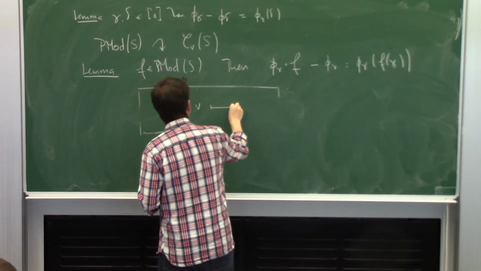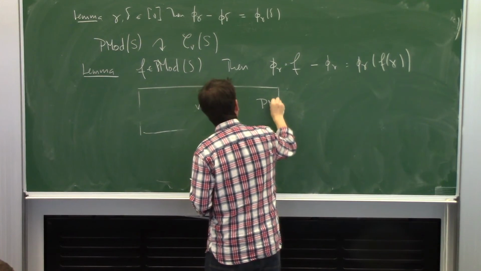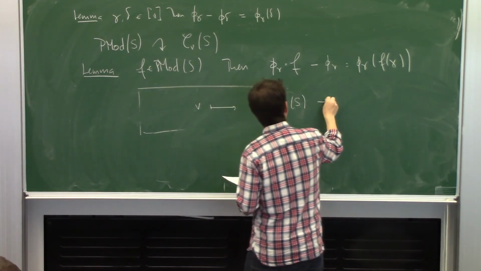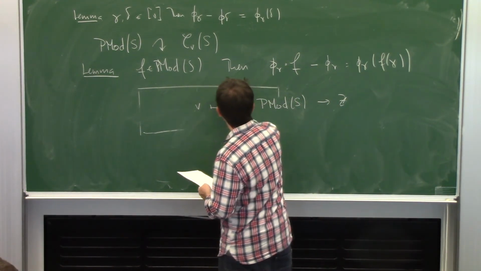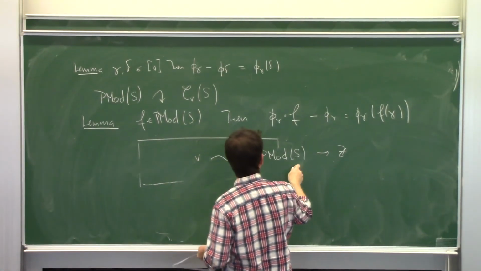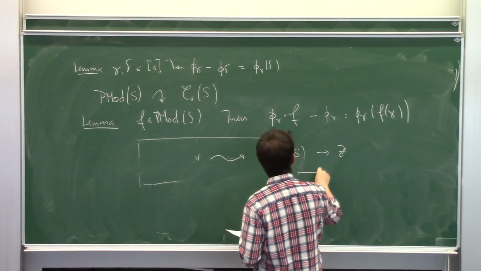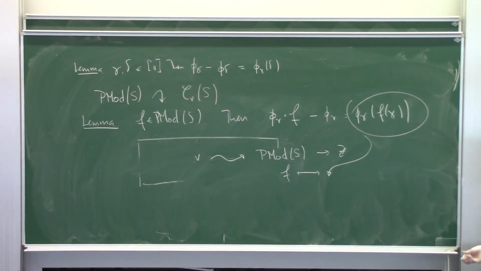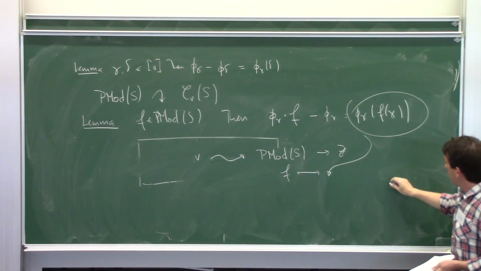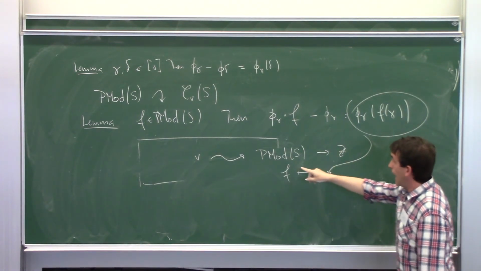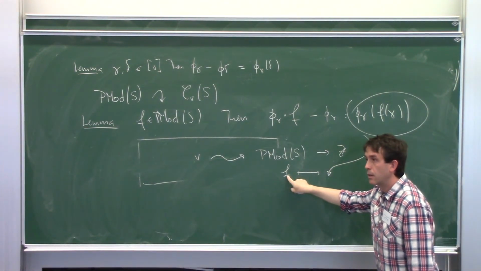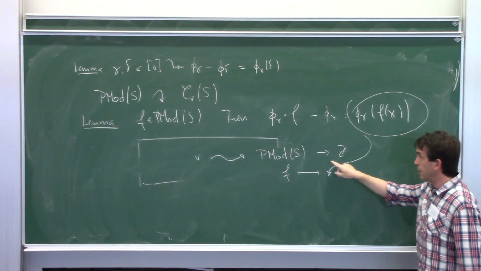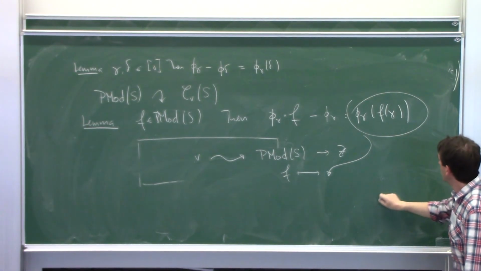So from V you cook up a homomorphism from P mod S to Z given by, to each f, I associate this number here. And then you prove that it's a homomorphism and it's well defined. And if here you put a handle shift, then the value you get, the homomorphism is non-trivial.